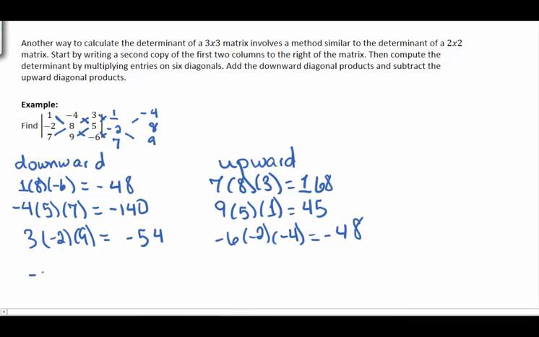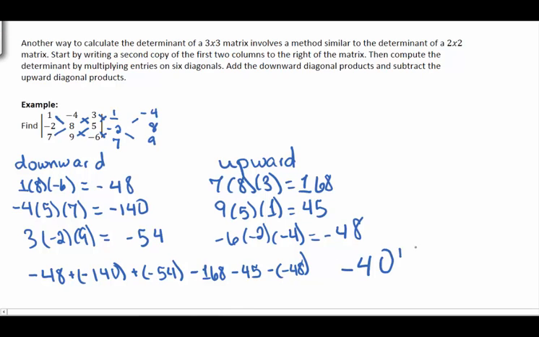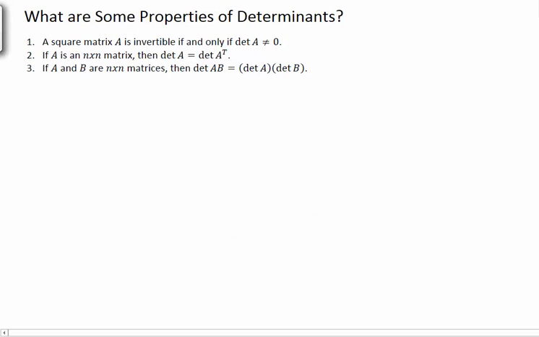So we'll add the downwards and then subtract the upward diagonals. So negative 48 plus negative 140 plus negative 54 minus 168 minus 45 and then minus negative 48, which gives a determinant of negative 407.